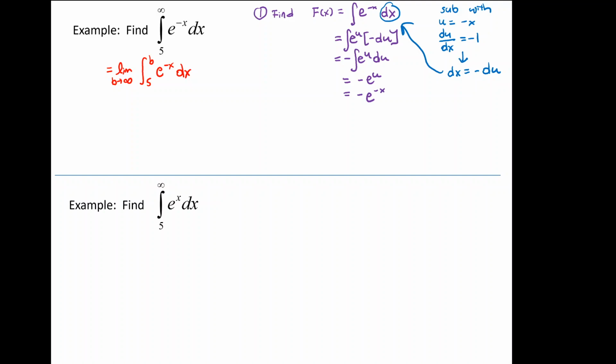Okay, step 2. Evaluate capital F of x on the bounds. So I have capital F at the top bound, capital F of b, minus capital F of the bottom bound, capital F of 5.